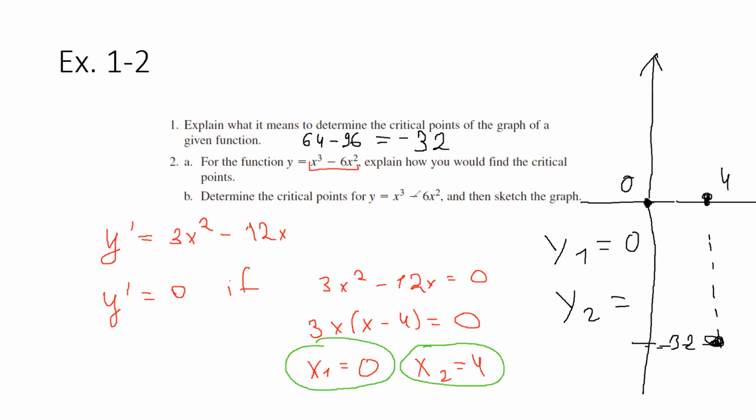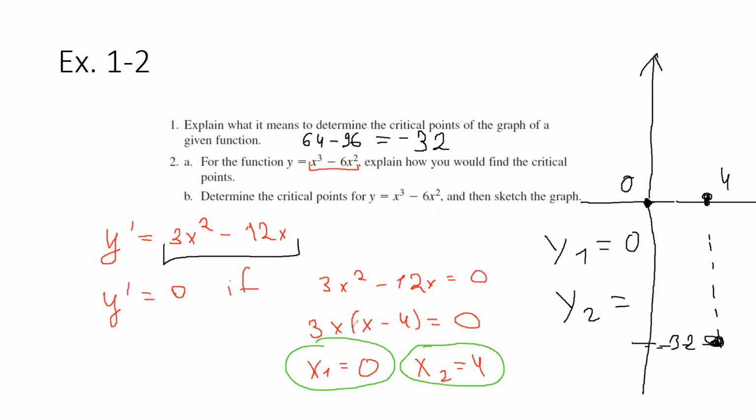So I know that my derivative changes sign, and now I'm going to look at the sign to the left and right of these points. Before 0, I have -1. I'm going to use my cool technique called the first derivative test.